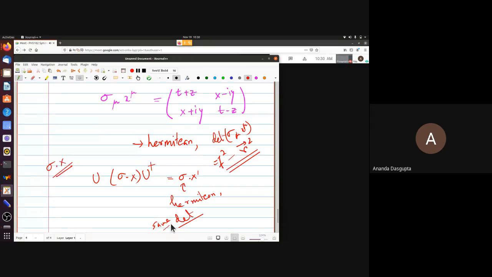So shouldn't this be a Lorentz transformation? Yes or no? In other words, have we really ended up showing that SU2 and SO(3,1) also have a homomorphism?